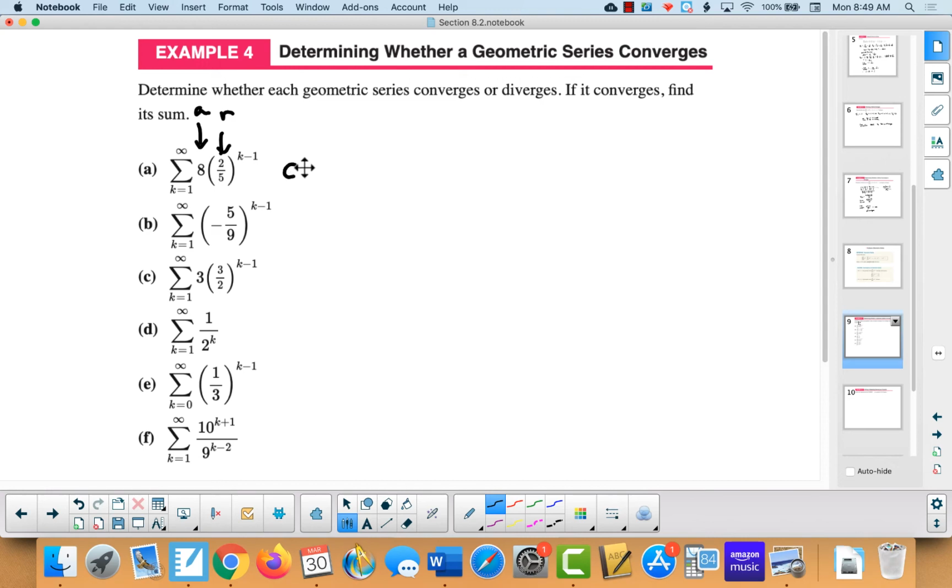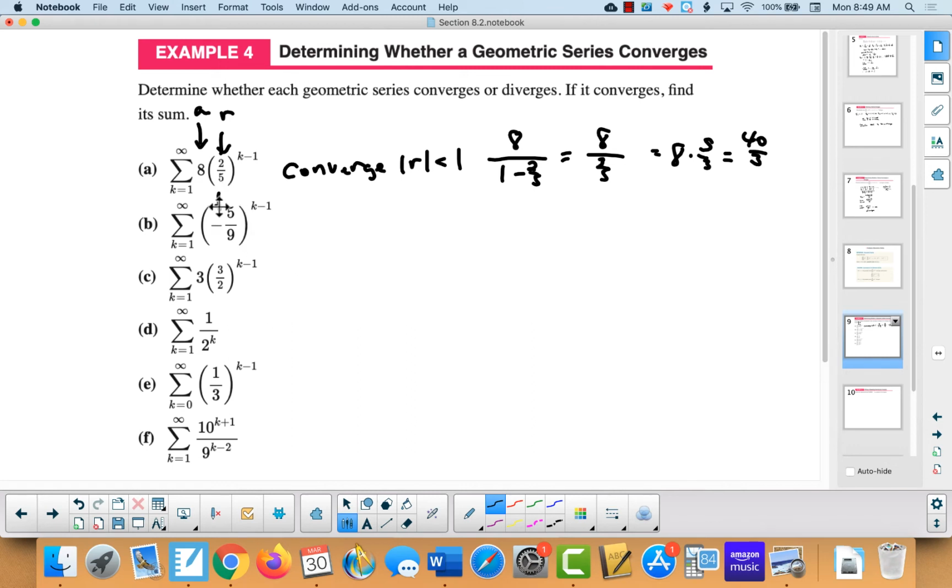So this is going to converge because the absolute value of r is less than 1, 2/5. So we use that formula that we get a over 1 minus 2/5. So this is 8 over 3/5, which is 8 times 5/3, which is 40/3.